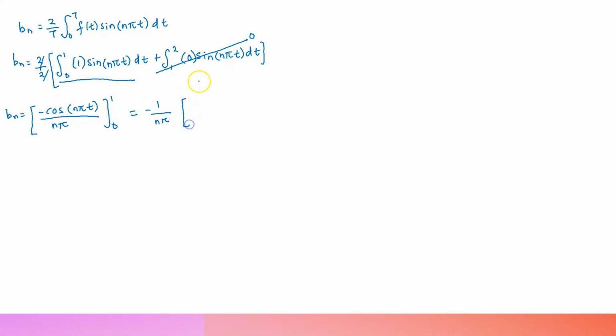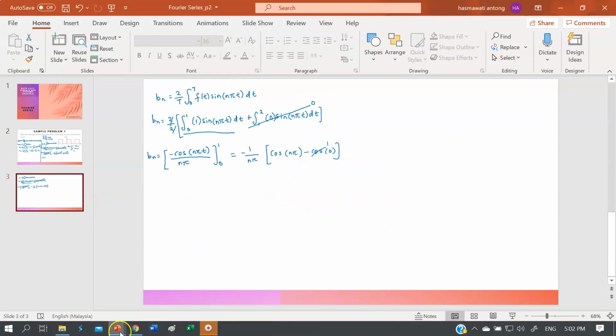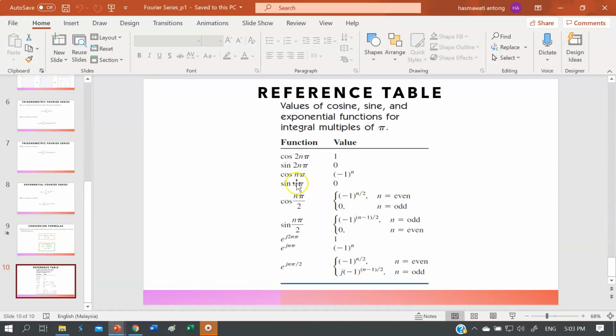Now if I substitute t with 1, left with cos n pi minus cos of 0. Cos of 0 is 1. Right? Then the cos n pi, we have to again refer to the table. So the table here, cos n pi is minus 1 to the power of n.